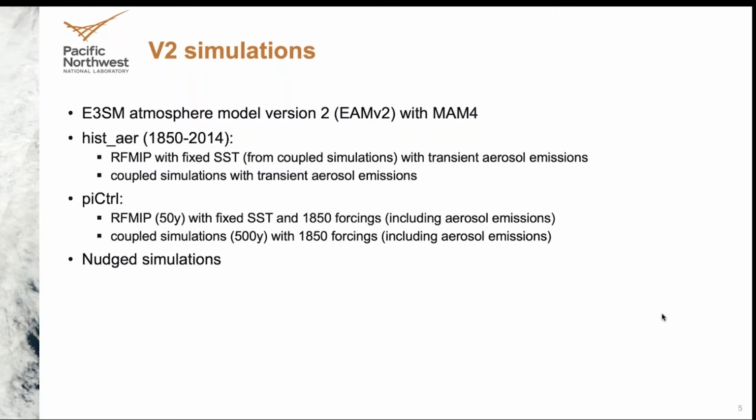Because the historical simulation with transient aerosol forcing has a different simulation length compared to the PI control, I have to take the time mean of the PI control and then take the difference between the historical aerosol simulation and the time mean fields from the PI control to get the aerosol forcing. So the methodology is slightly different, but overall the trend of the historical aerosol forcing, as I show later, is quite consistent.